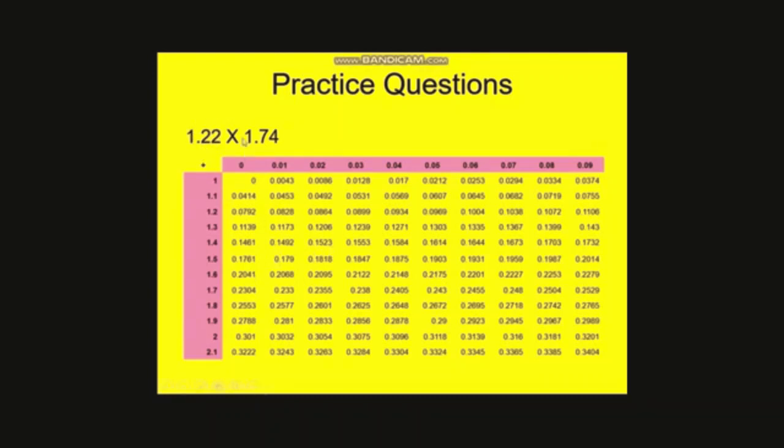You'll need to find the log of 1.74 by looking it up in here. Okay, they're now your new index numbers, and then you use your index rule, which is to add the indices, okay, to get your new index number, and then work backwards, find that in here, and work back to the original number. Okay, there's the first question.